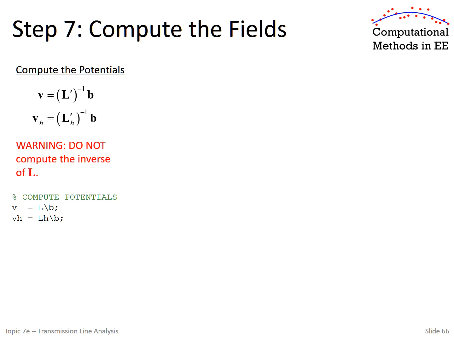For extremely large problems, and if your computer has enough memory, you could choose that and make it take 20, 30, even a couple minutes. But nothing in this class will cost you that much. So we backward divide, and now we have the scalar potential for both the inhomogeneous case and the homogeneous case.